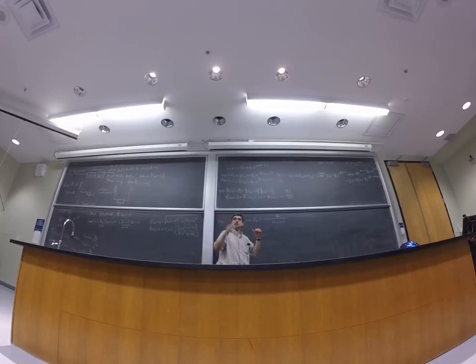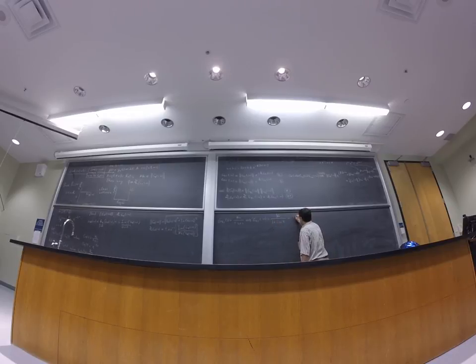So how can I get it in the form a plus ib? Do exactly what Adam just said. Make the denominator real by multiplying both numerator and denominator by the complex conjugate of the denominator. Complex conjugate means wherever you have i, you replace it with minus i.